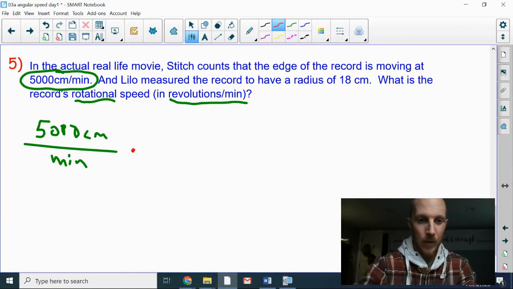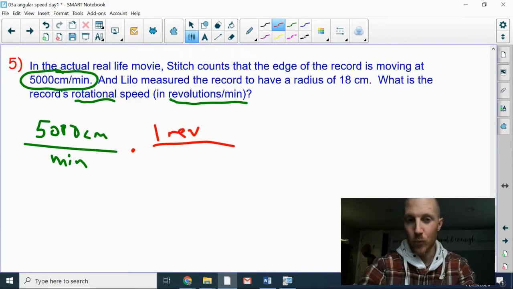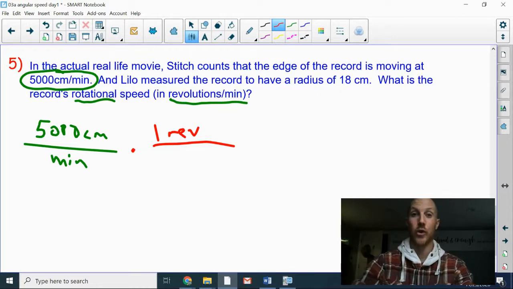Right? And in my notes, it had the word revolution on the top, or rotation. I can change those. I'm going to write down revolution because the question asks me to give my answer in revolutions per minute. Revolutions and rotations are basically interchangeable for our purposes. Okay, so the denominator of this red conversion factor needs to be the actual circumference.